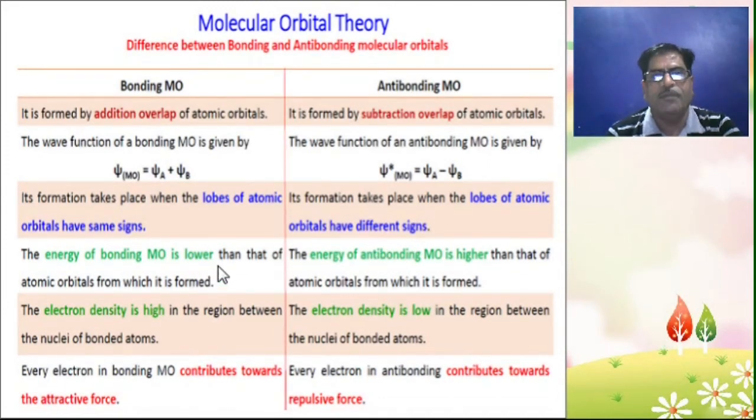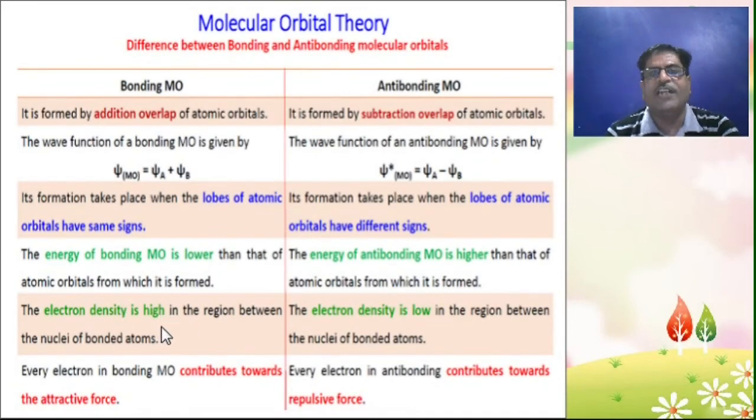The energy of a BMO is lower than that of the atomic orbitals from which it is formed. In an ABMO, the energy of the antibonding MO is higher than that of the atomic orbitals from which it is formed.